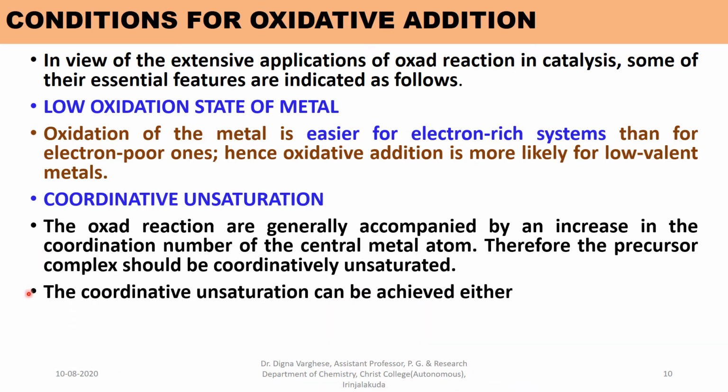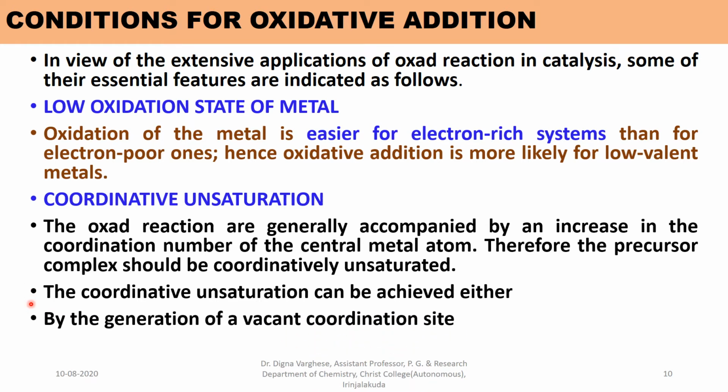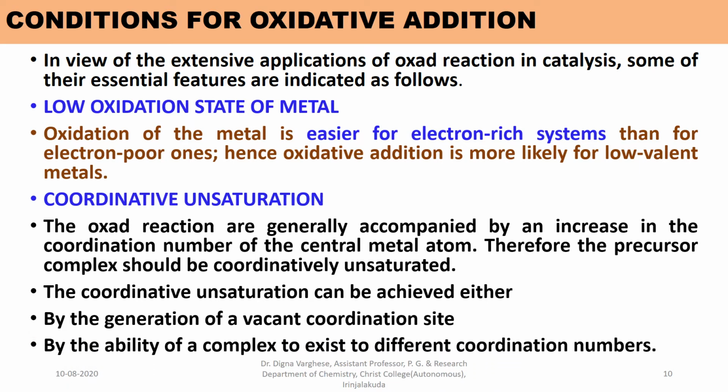The coordinative unsaturation can be achieved either by the generation of a vacant coordination site for the complex, or by the ability of the complex to exist in different coordination numbers.